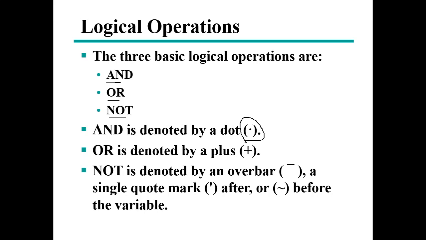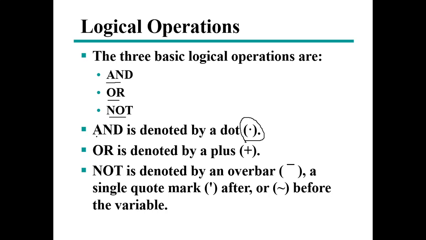Wherever it is not confusing to omit the dot, we can omit it. If it can give rise to any confusion, then we may put the dot. The symbol for AND is just like the symbol for multiplication in normal algebra.